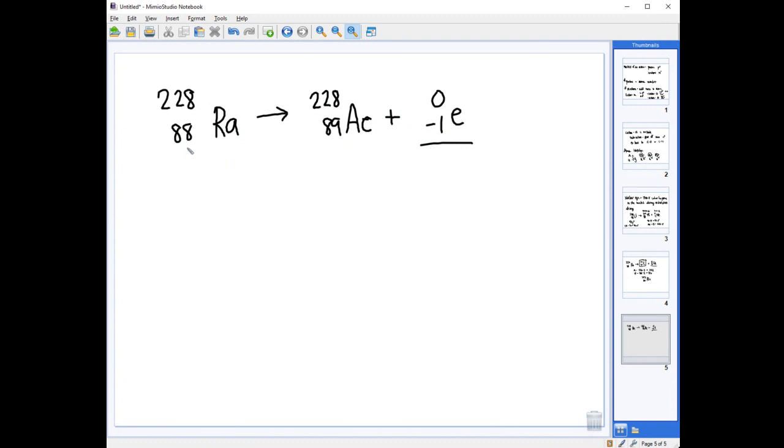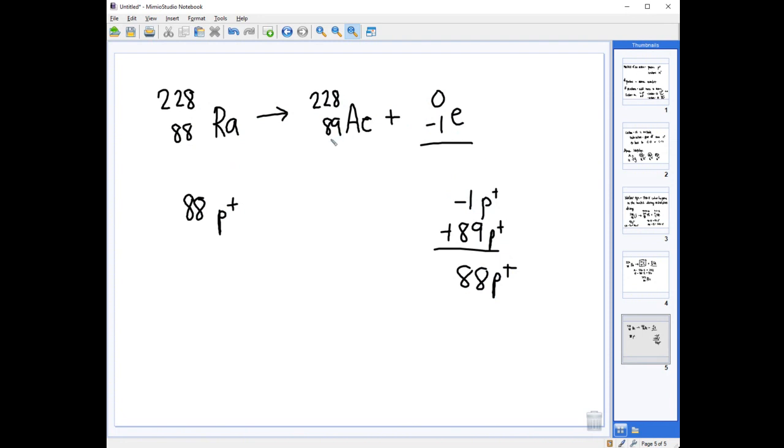But look over here. On the left side of my nuclear equation, I have 88 protons. And over here on my right side, at this point, I have essentially a -1 proton. So I have to add 89 protons to end up with 88.